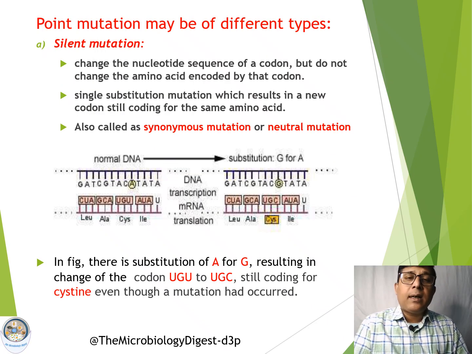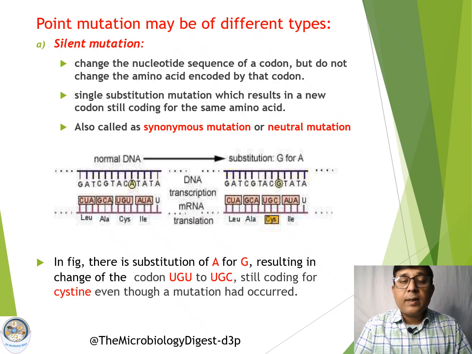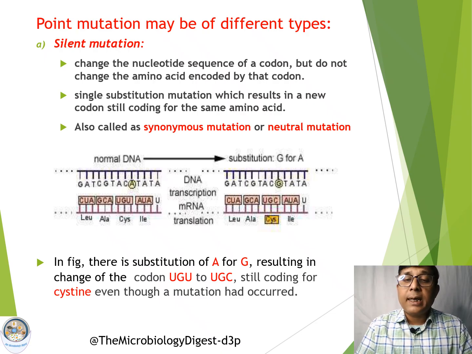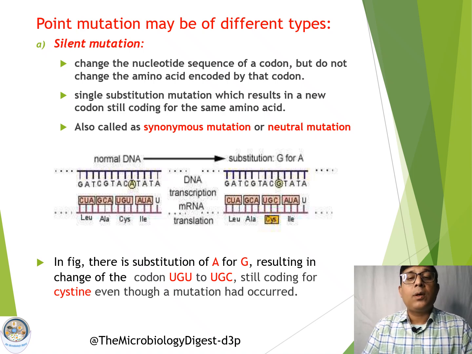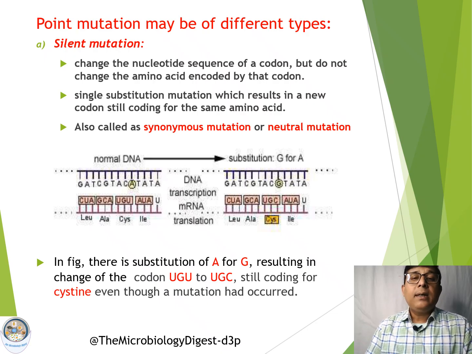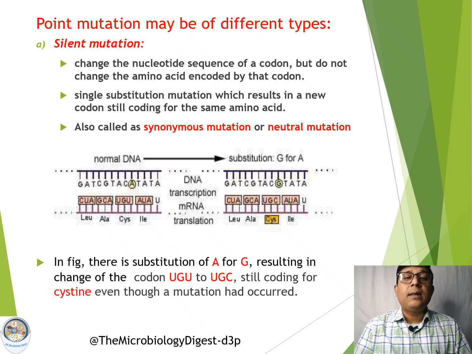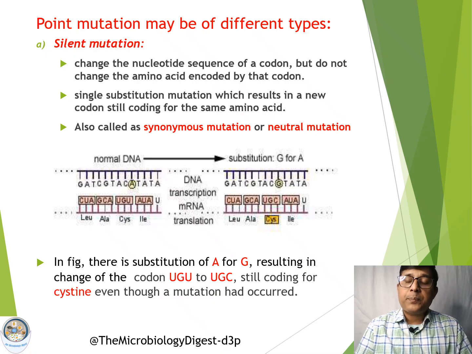Next, again in point mutation, there are different types. The first type of point mutation is the silent mutation. It is also called synonymous mutation or neutral mutation. What happens here? There is a change in the nucleotide sequence of a codon, but there is no change in the amino acid coded by that codon.